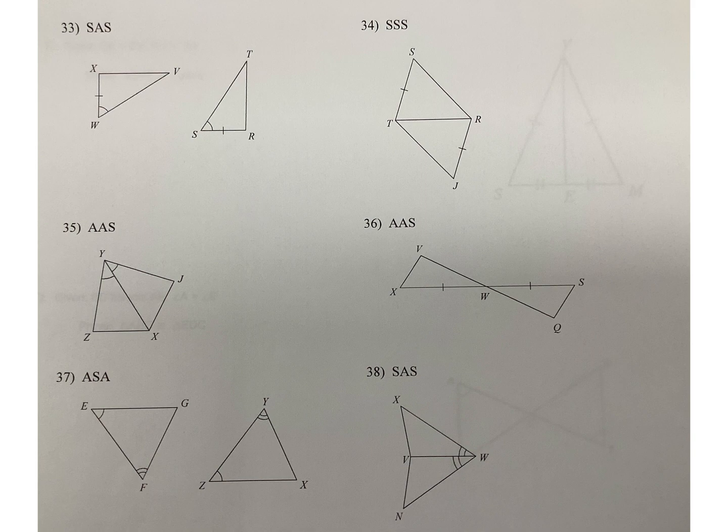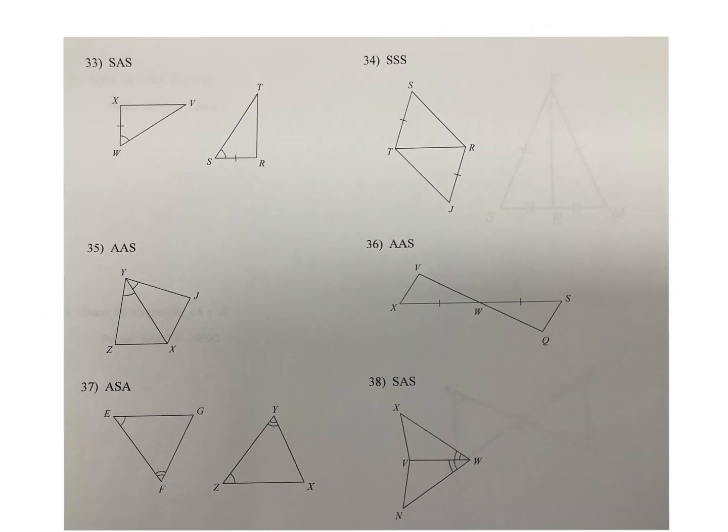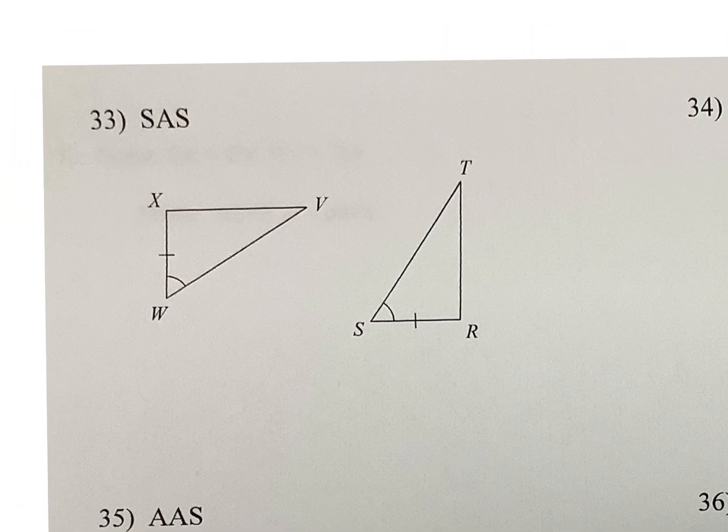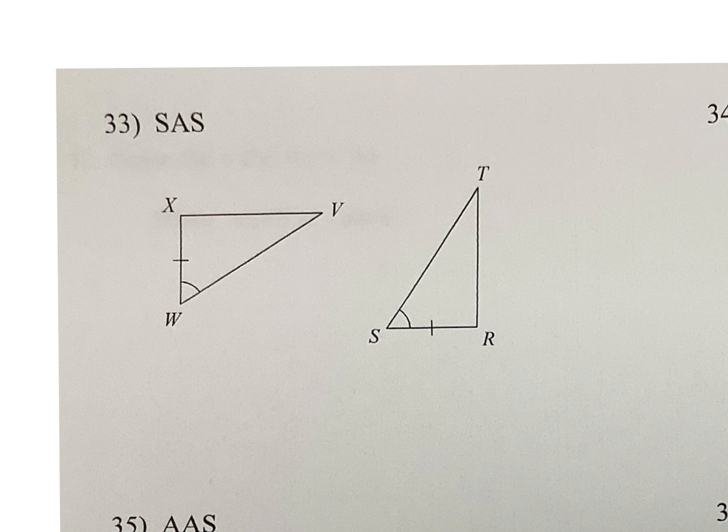All right, 33. Let's just do it this way. 33, side, angle, side. So the angle has to be in between the two sides. So here's the side. There's your angle, so the side should be WY.